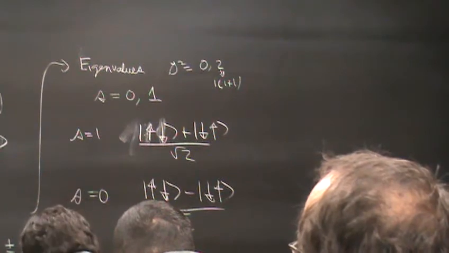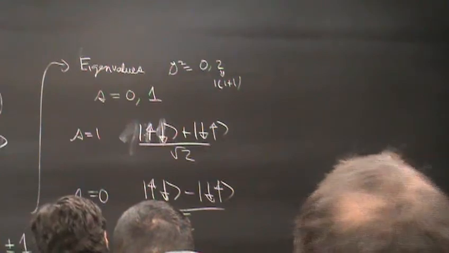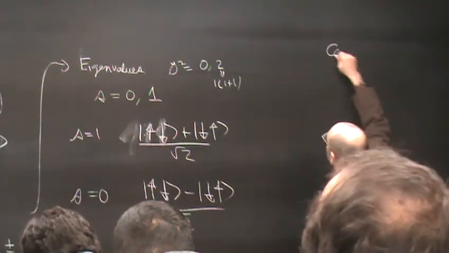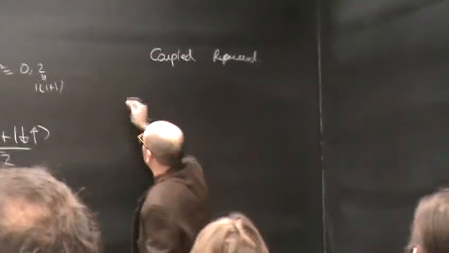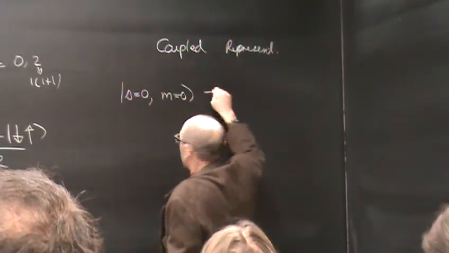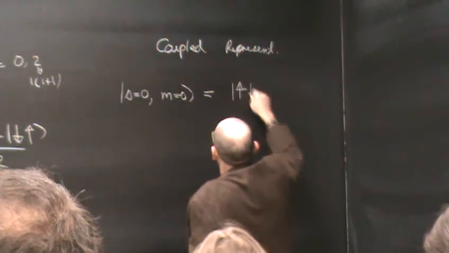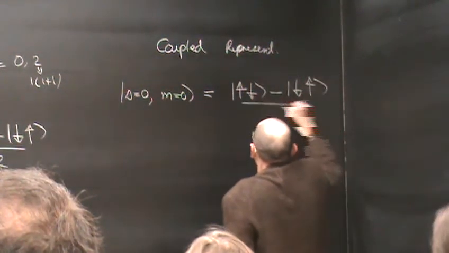Okay? So, what do we have here? What we have in the coupled representation are the following. There is one state, as expected, with S equals 0. So the state S equals 0, M equals 0, is this combination.